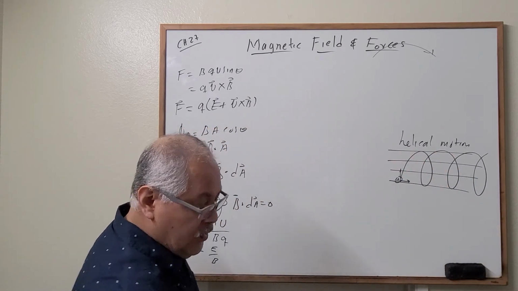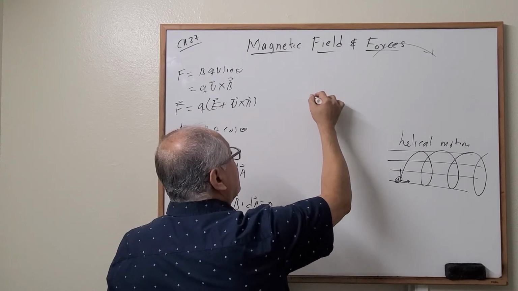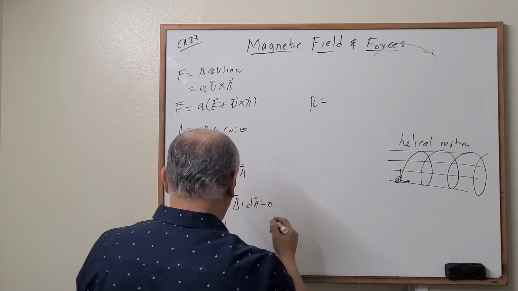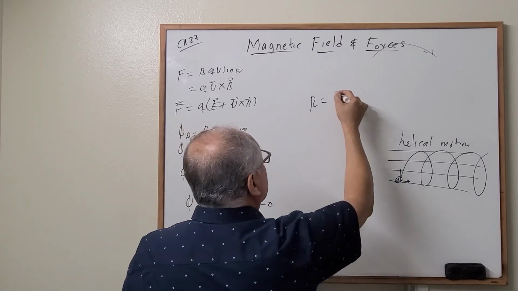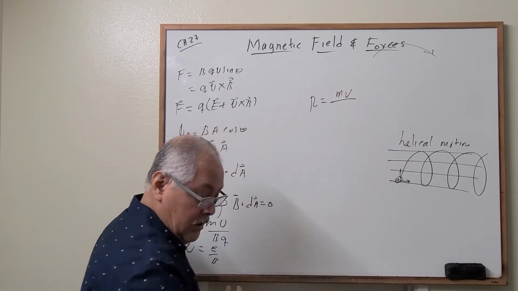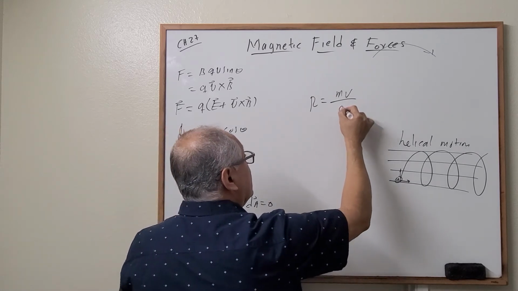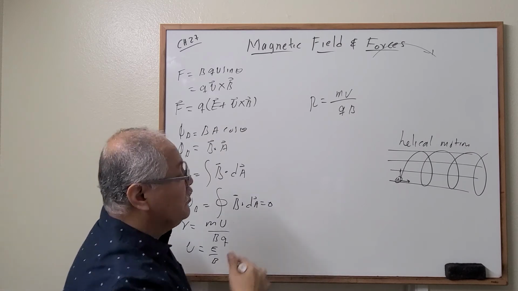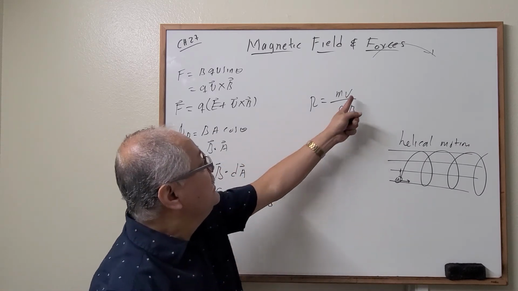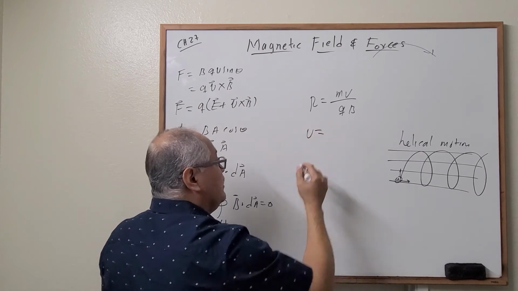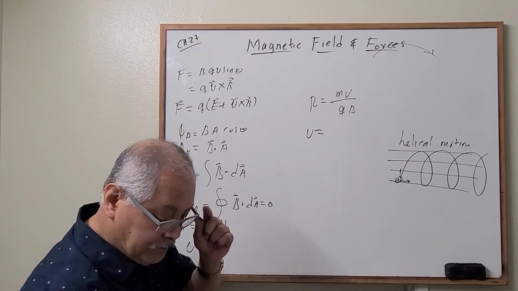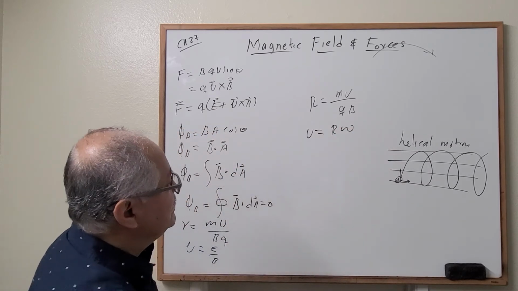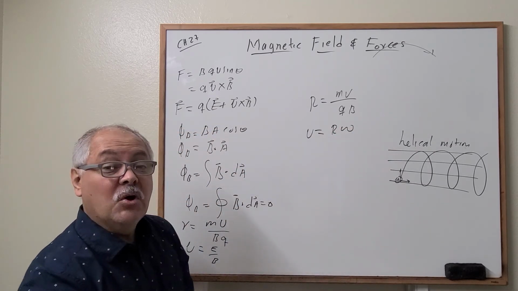So R, this R right here, equals mv over the charge times B. And also we know that when it's a circular path, this velocity is equal to R times omega, for circular or rotational motion.